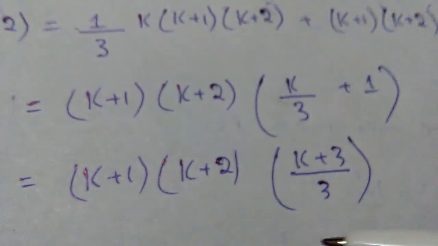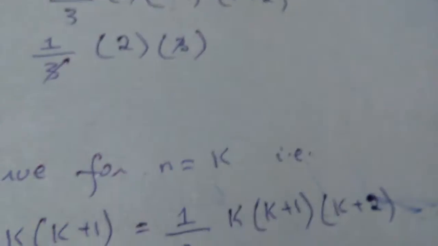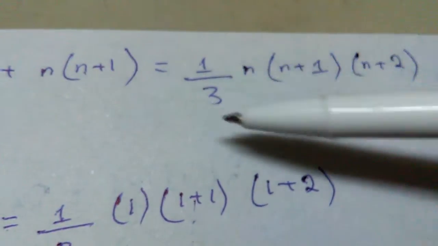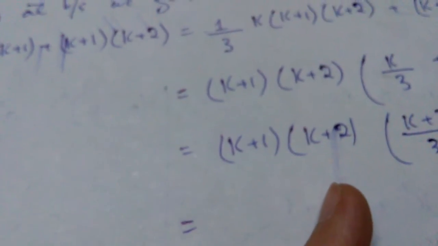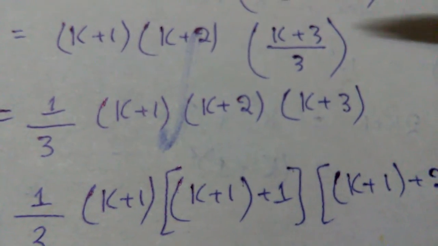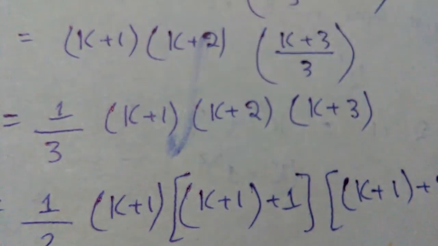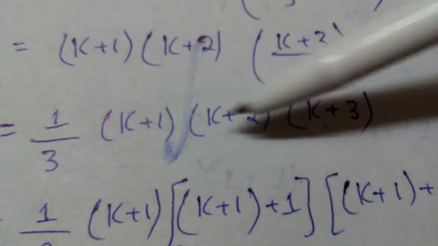Then you can see that you can write this 3 outside, exactly in the format like this. So I have just written this 3 in the denominator in the starting, just to give the format, and I'm having these factors.